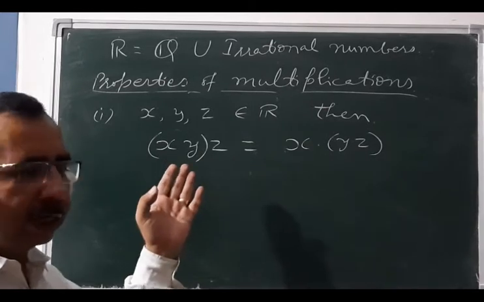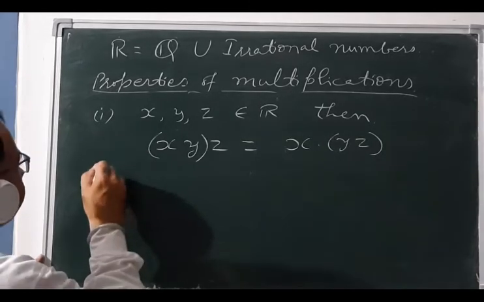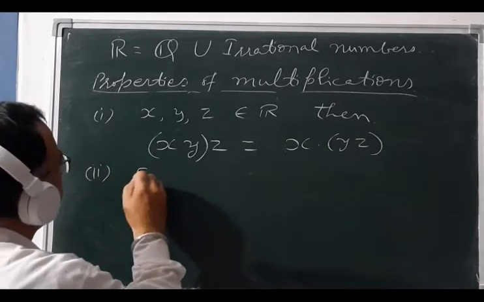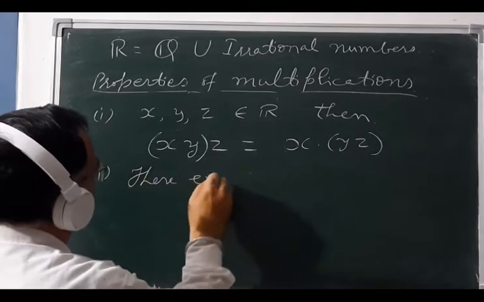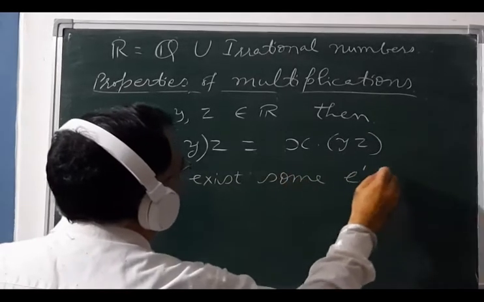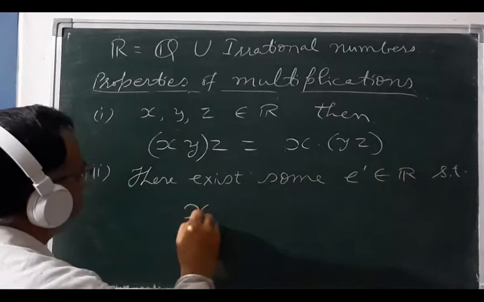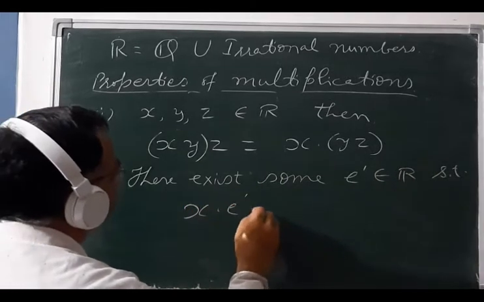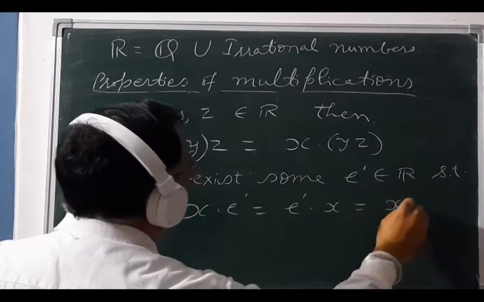And in the case of addition, the similar property was the associative property under addition. Second, there exists some e dash in R such that x times e dash is equal to e dash times x is equal to x.